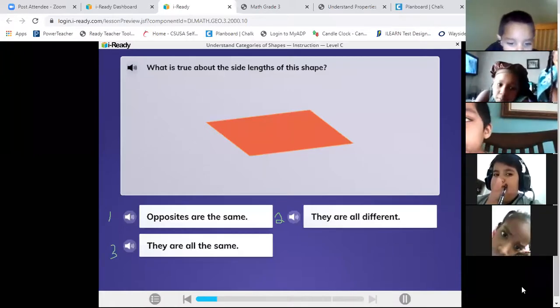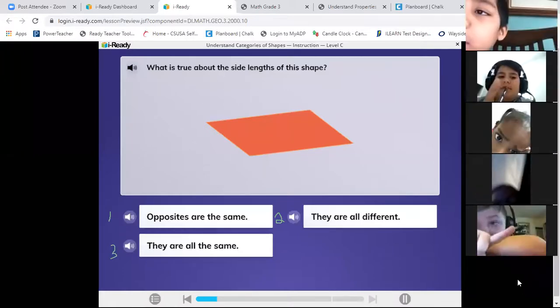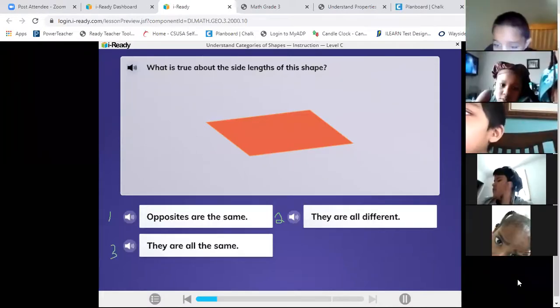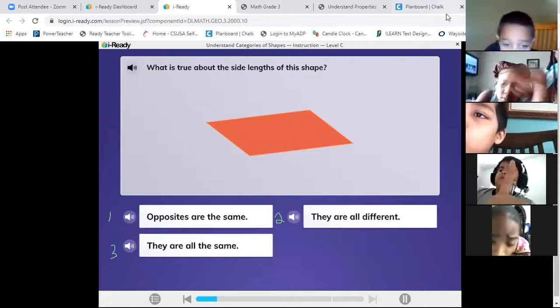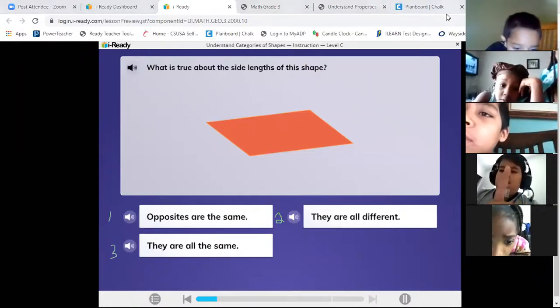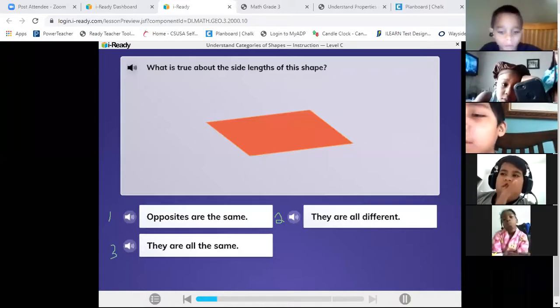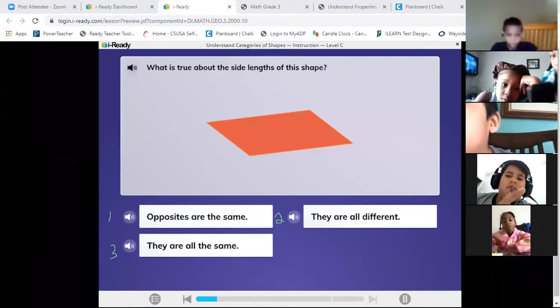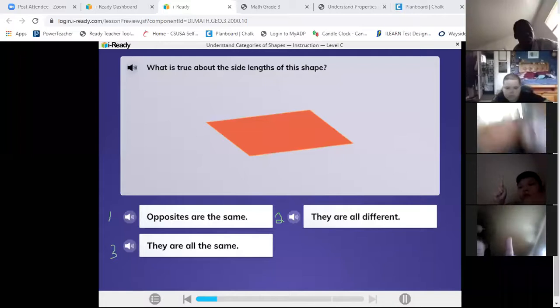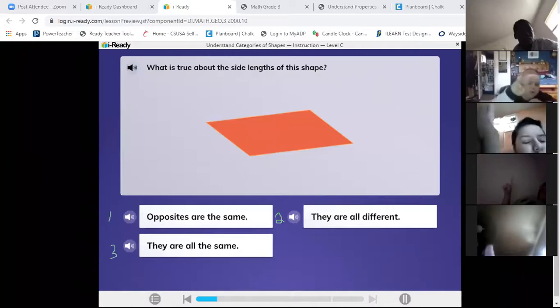Let's see. 1, 2, or 3. I'm still waiting on some, show me with your fingers, because I'm just gonna choose the one that everyone said. I'm still waiting on some answers. 1, 2, or 3. Lengths of the shape.